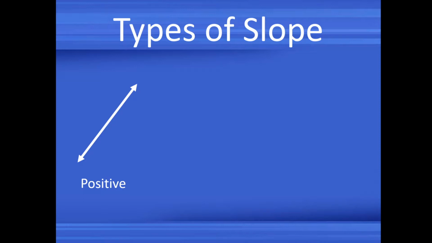Okay, the next type of slope that we have is the negative slope. The negative slope means that the two variables are negatively related. So it's not similar to the positive slope. It's completely different. When our x value increases, our y value decreases.